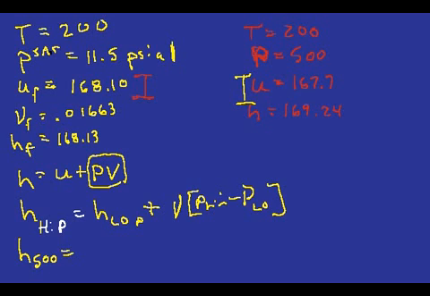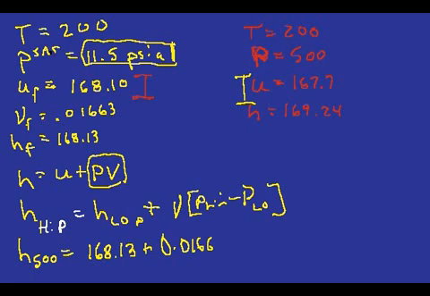Here we had 11.5 psi as our saturated pressure, and that's where we had the H. So let's make that 168.13 plus V, which is 0.01663 times 500, P high 500 minus P low 11.5 roughly.